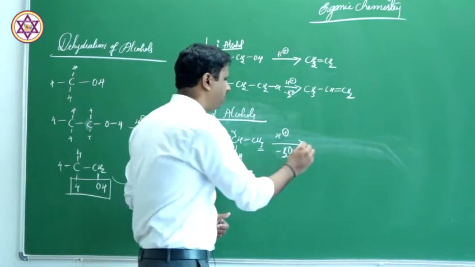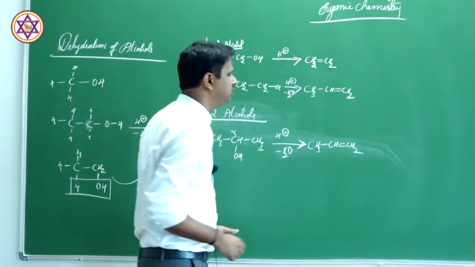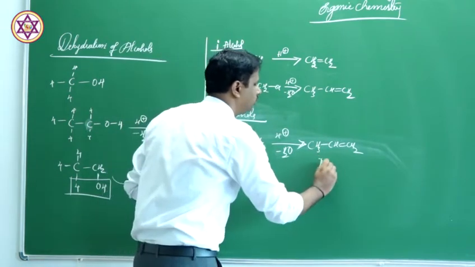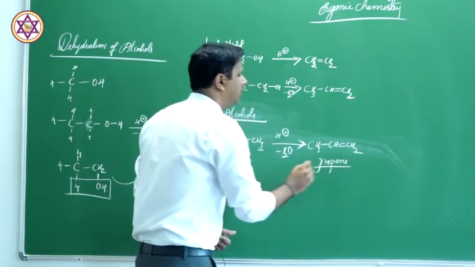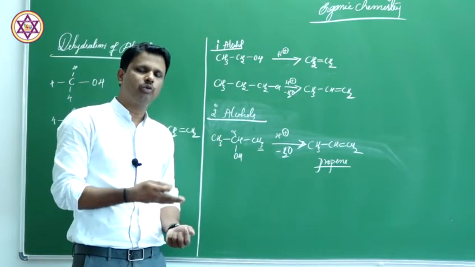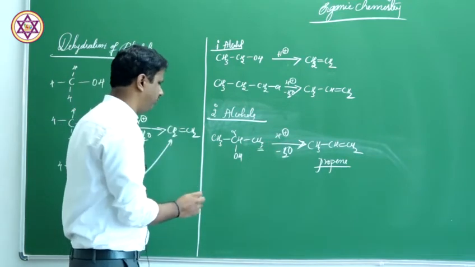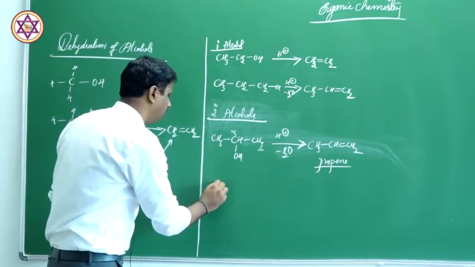So what happens? You are going to get CH3CH=CH2. This is propene. As I said, in the case of a symmetrical molecule, you only get one type of product like this. But what happens in the case of an unsymmetrical alcohol?